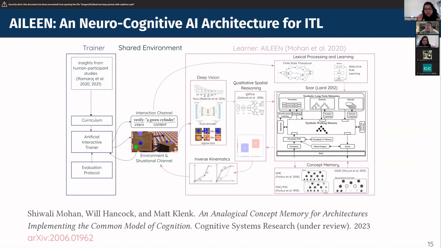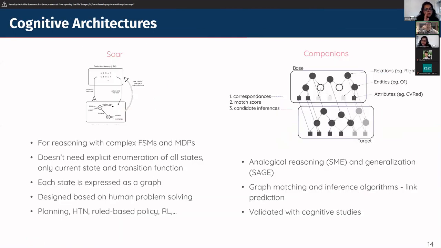Okay, so the AILEEN project uses two cognitive architectures. We use Soar. You could think of Soar as a task performance architecture. That's its main strength. It can do sophisticated goal-oriented reasoning. It can split a complex goal into simpler goals, organize them, and then execute them.